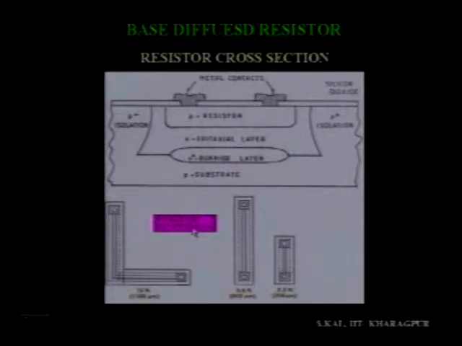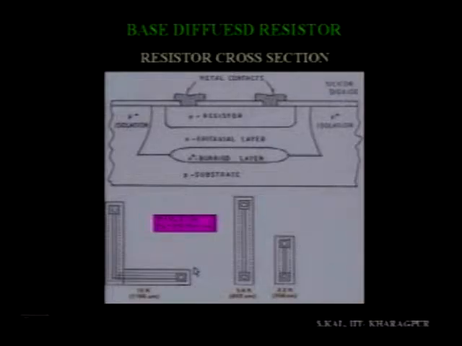Now if you need a very large length, it will take a larger area of the silicon chip. So what we normally do is use these bent lines, and sometimes meander line structures are also used. What is the meander line structure?